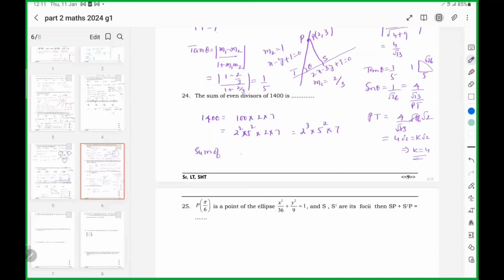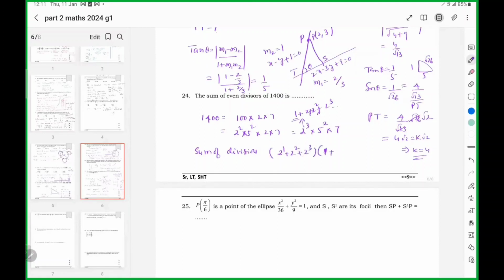Sum of divisors. For this 2 cube, 1 divisor, 2 divisor, 2 square divisor, 2 cube also divides. When you consider 1, you will not get even divisors. So here it is 2 power 1, 2 square, 2 cube.